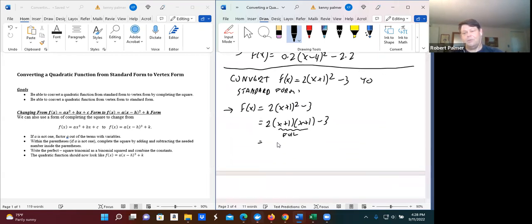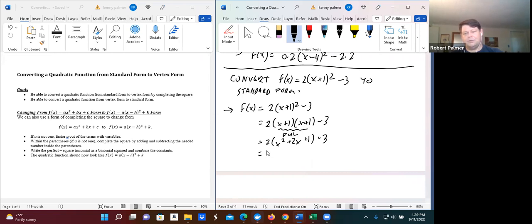If I do that, I'm going to have 2 times x squared. The first term is x times x is x squared. My outer term will be x times positive 1 is 1x. My inner term will be the same thing, 1x. If I combine those, that's going to be 2x. And then my last term is plus 1 times plus 1, which is just plus 1, minus 3.